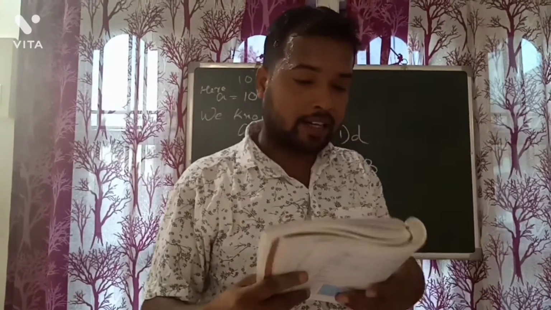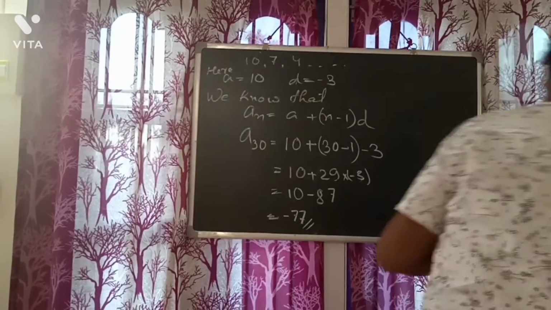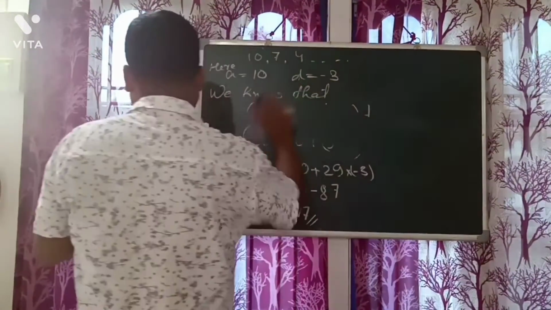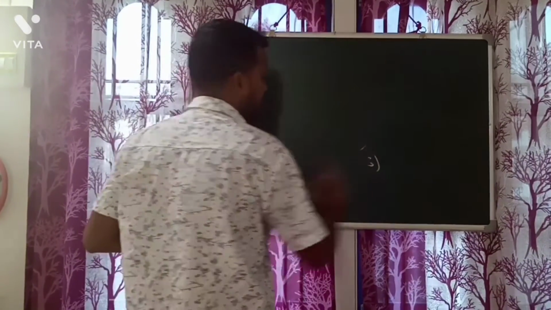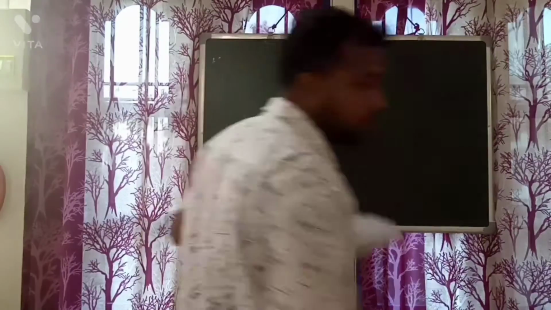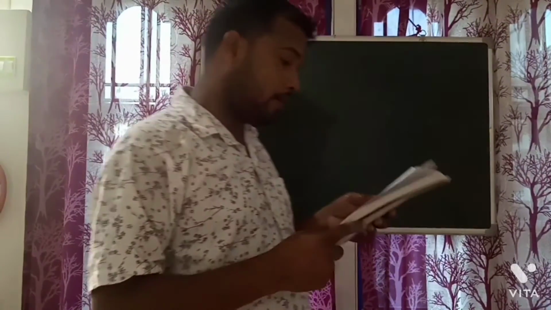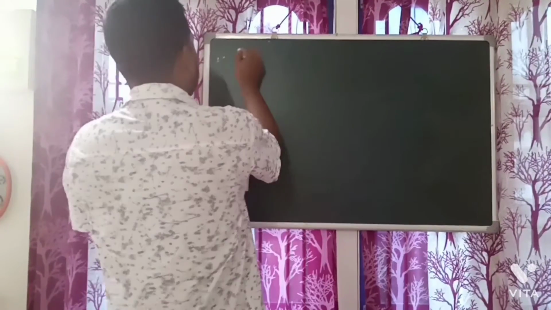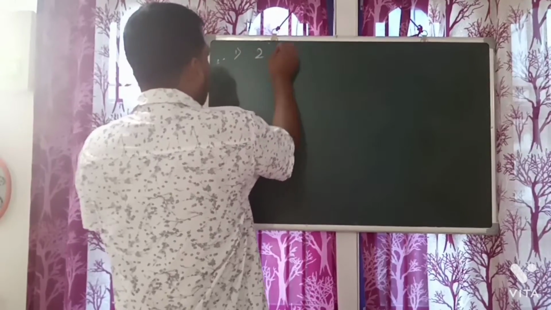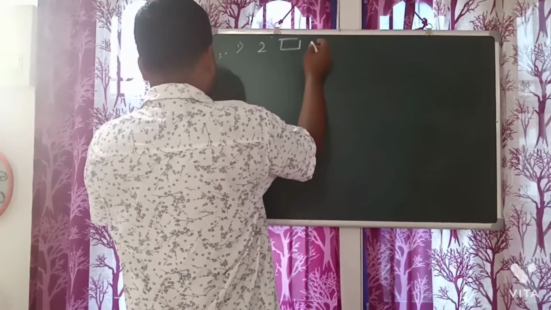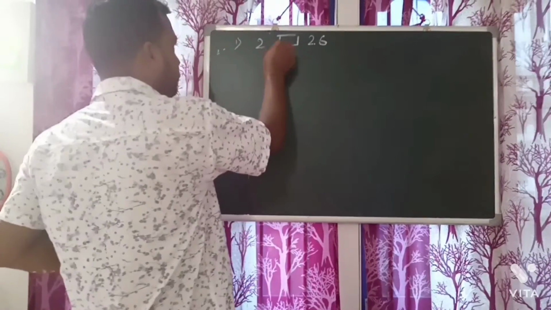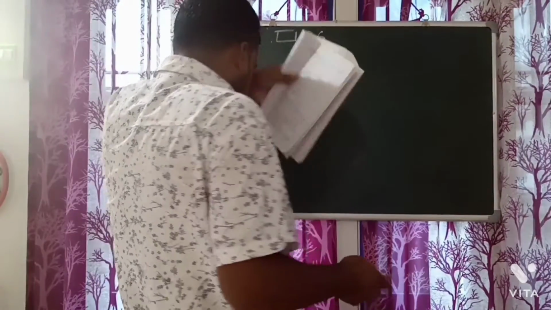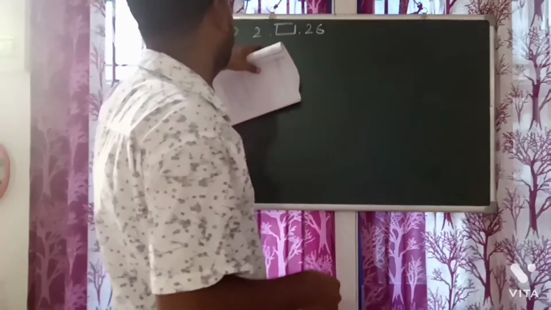Then see question number 3. Find the missing boxes in the AP. This is one of the important questions. Many times it comes in the final exam. First one: 2, here one box is there, then this one is 26. See here, first term is what?